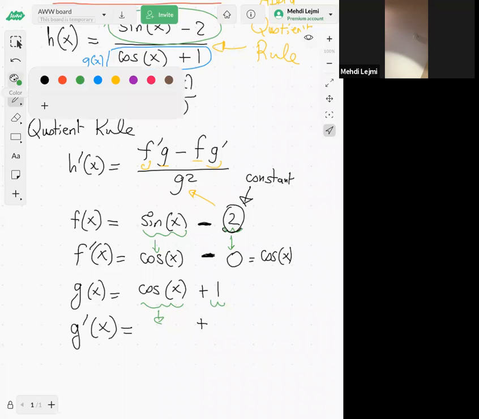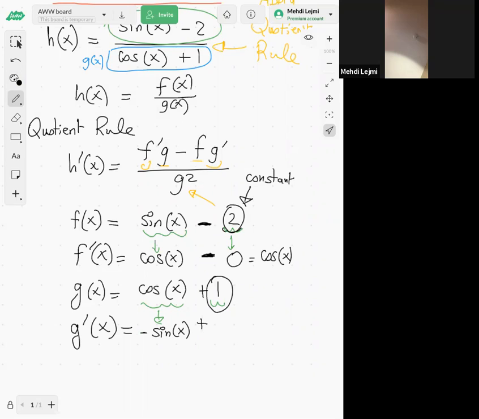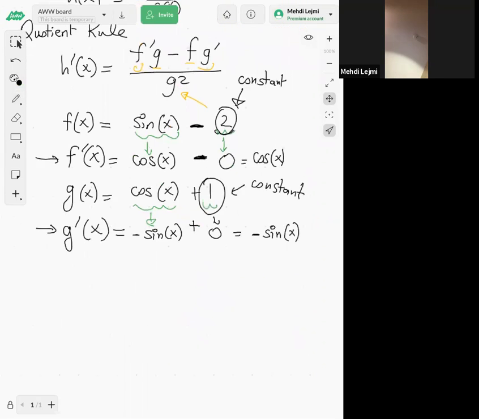So derivative of cosine, we said it's minus sine, and then 1, again, it's just a constant by itself. So it's a number by itself, so it's a constant, and derivative of constant, again, it's 0. So then g prime of x is minus sine of x. Right, so I got my f prime, I got my g prime, so I have to plug everything in the formula. So then h prime, the answer.